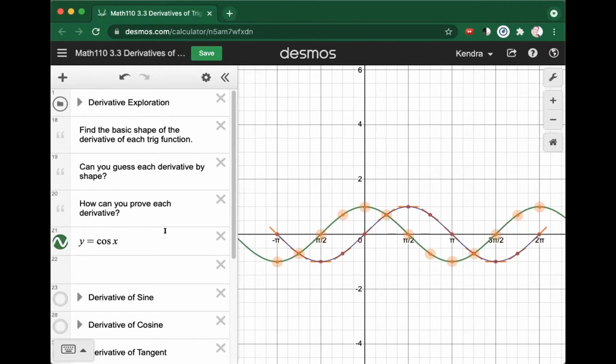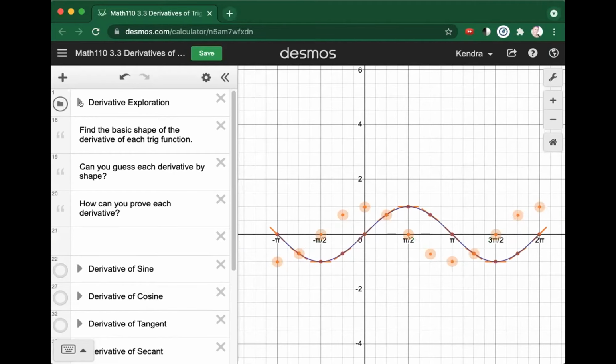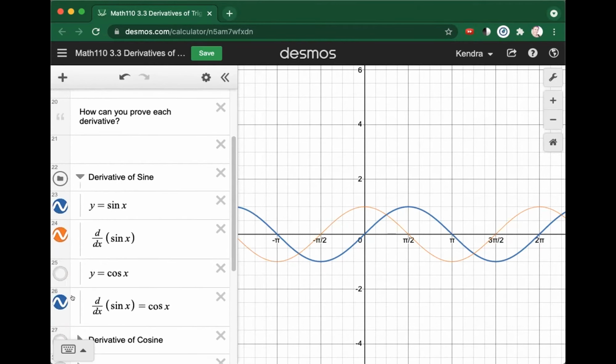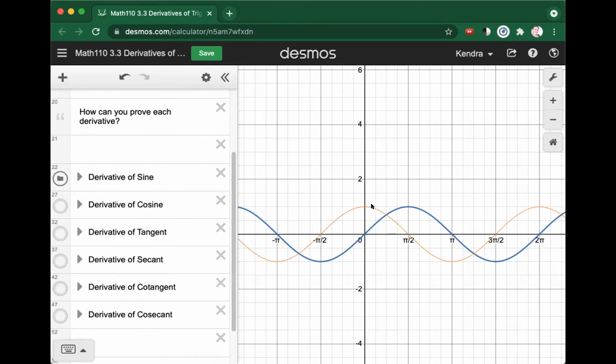I'm going to turn this off and I'm going to close this. So if you want to look at this graph, which should be available in the description, then each of these has some pieces in it. The original function is in bold, and then the derivative is in some thin, usually orange color.